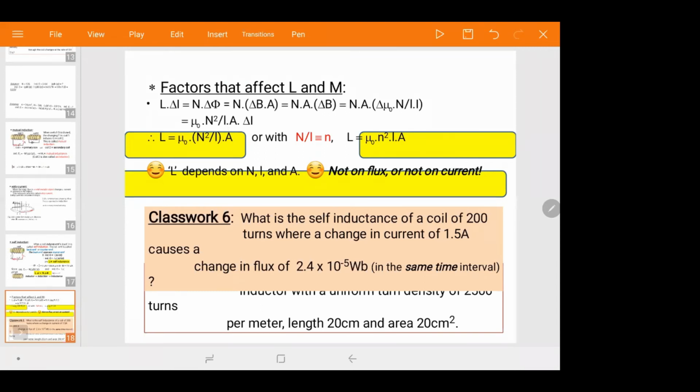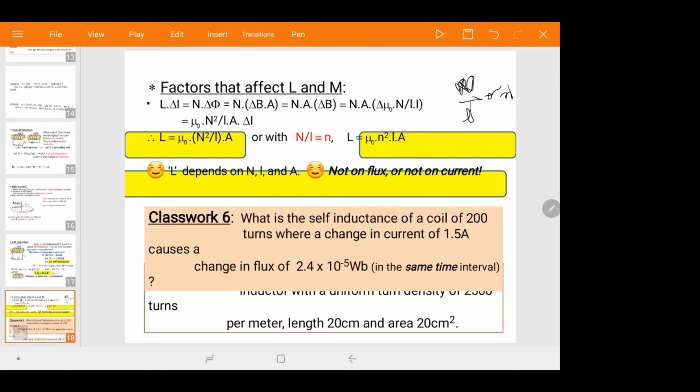So delta I and delta I cancel out. So self-inductance, as you can see, is equal to mu0 N squared over the length of the coil l times A. Since N over l is turn density, you get mu0 times small letter n, the turn density, squared times lA. What you have in the denominator is l. N over l is turn density, small letter n.